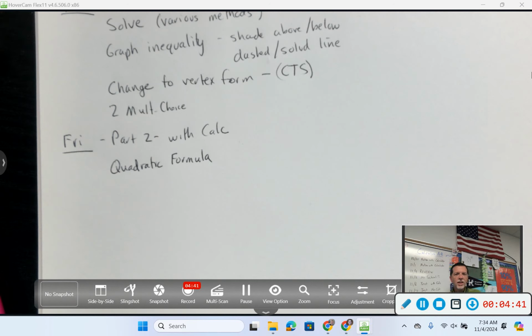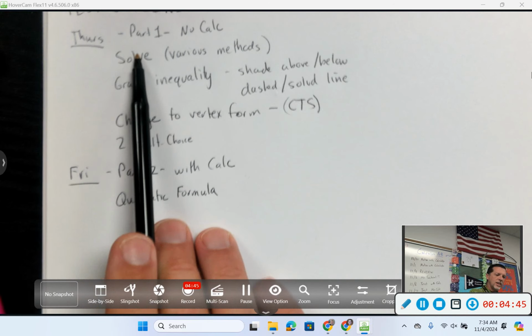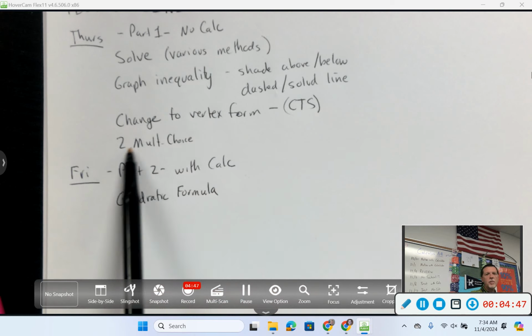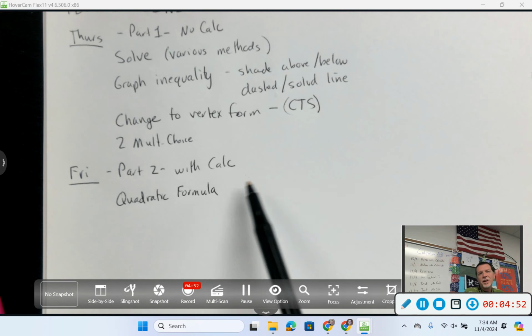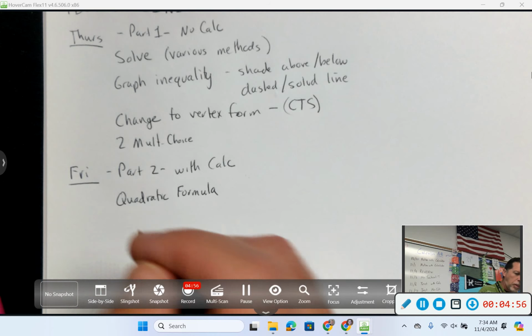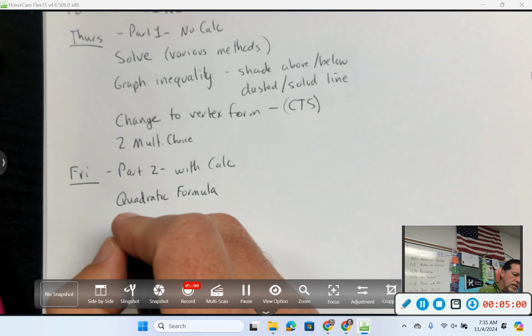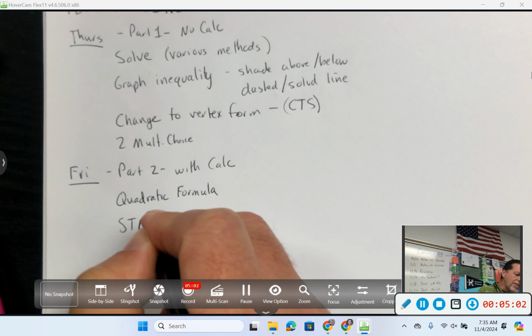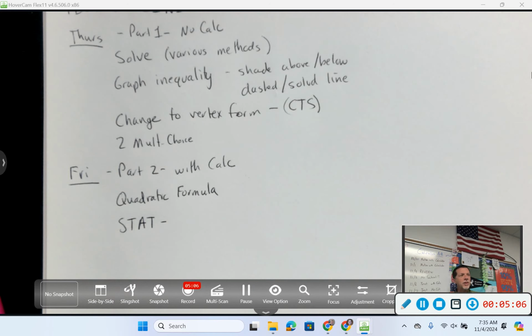Quadratic formula. You know that you could use that on the no calculator test, but with the calculator, it means you can get ugly answers, and it means you can do big numbers, and it's just a little easier, even though it's the same formula. And then the stuff that you absolutely have to have a calculator for is the stat stuff, the stat button on the calculator.